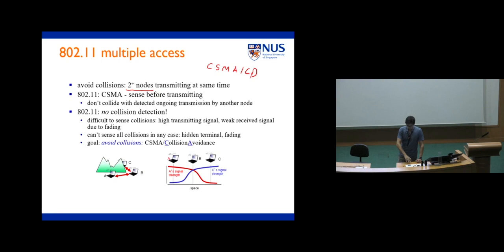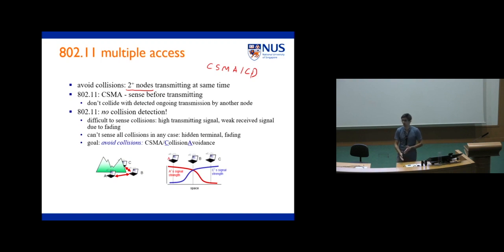In wireless, attenuation is very large. So while I am sending, my own signal is very strong here, but some other transmitter's signal is very weak here. So I cannot hear their transmissions, so I cannot perform collision detection, unlike in Ethernet, where the transmitted signal and the received signal are pretty much at the same strength because they are going through wires.